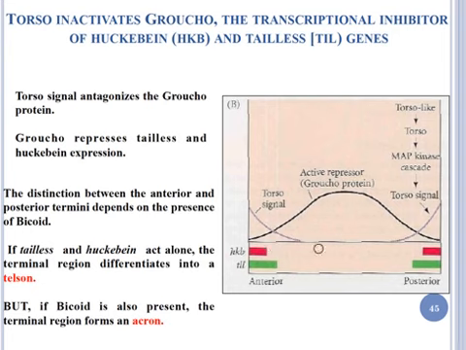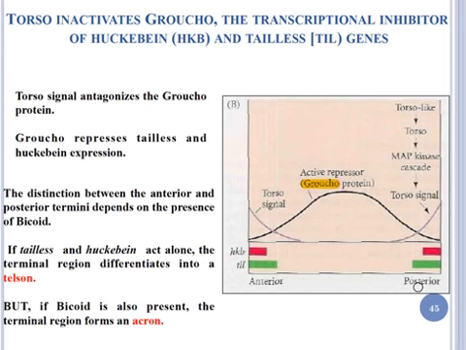Only anteriorly and posteriorly we have torso, but in the middle we have a Gaucher protein. This Gaucher protein expressed in this domain is able to inhibit torso expression in the middle.